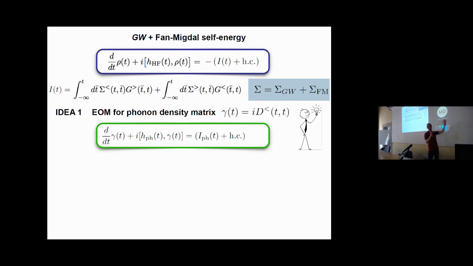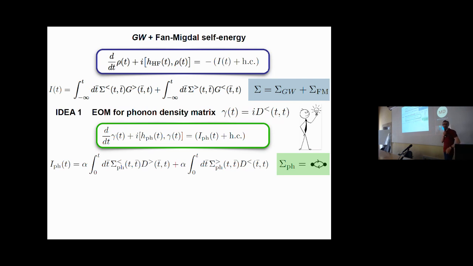And if we sum the 2 Kadanoff-Baym equations for the phonon propagator, or take t equal t prime, we end up with this equation of motion for the phonon density matrix only. So as before, we can expect that this equation is not closed, because the collision integral still depends on D lesser and D greater.